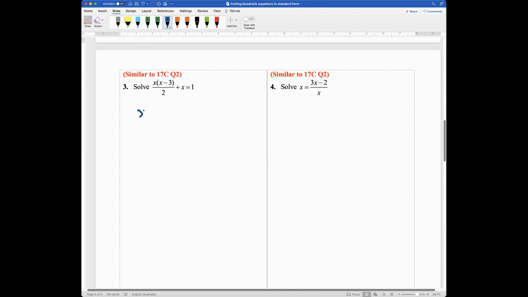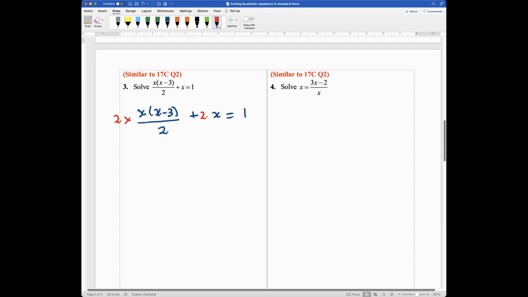So that means you're going to have x, we'll just write the question out again. I'm going to leave a little bit of room for the multiplication bit. Okay, so we're going to times by 2. Make sure the multiply by 2 is in line with the numerator.